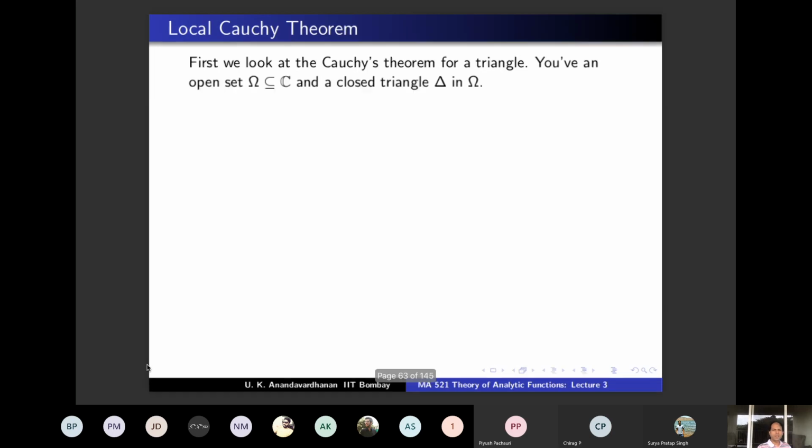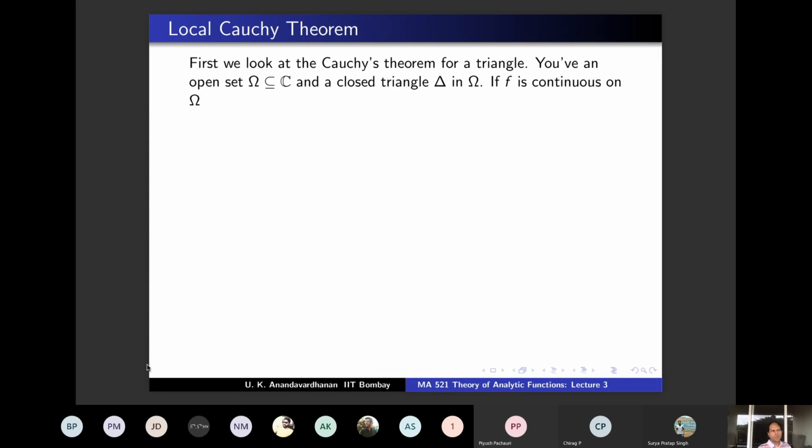We are going to formulate it as in Rudin, a bit more precisely, a slightly stronger version than what I just said verbally, and this will be very useful. Okay, so this is a precise statement. You have an open set omega and a closed triangle, meaning all the interior part and the boundary, everything is included, closed triangle in omega, and assume f is continuous throughout omega.